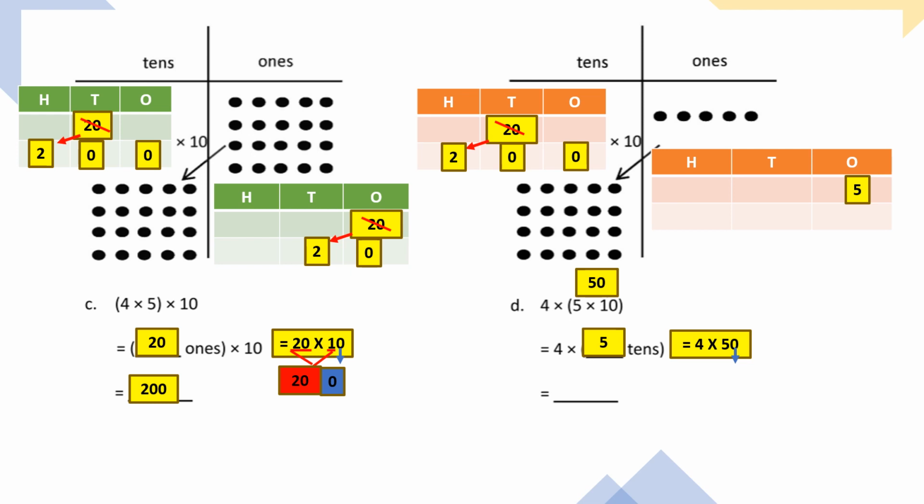Well, let's go ahead and use our method of underlining the first digit of the number that's in the first part of the equation, which is a 4. And we're going to multiply that 4 times the first digit in the multiple of 10, 5. So we're going to multiply 4 times 5. Well, what is 4 times 5?